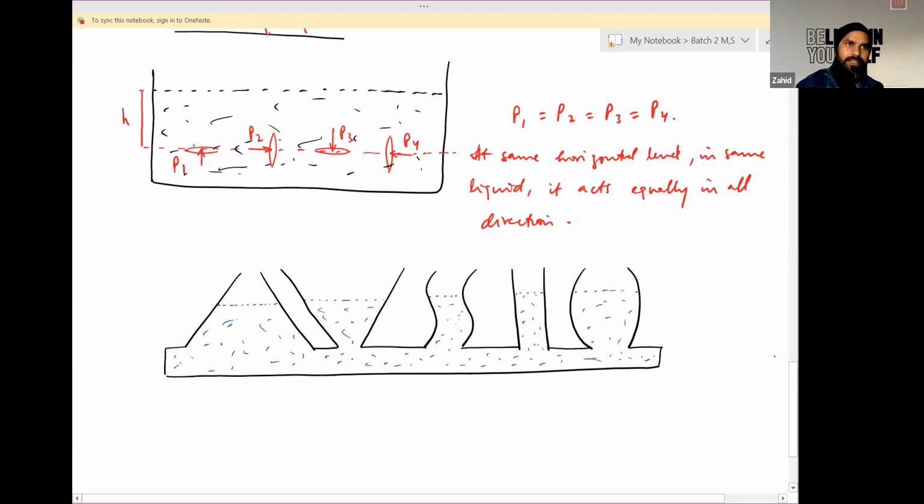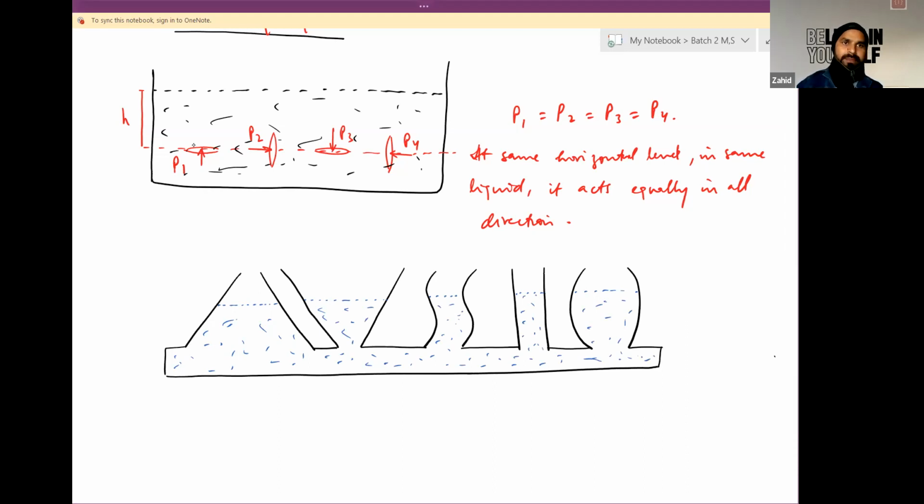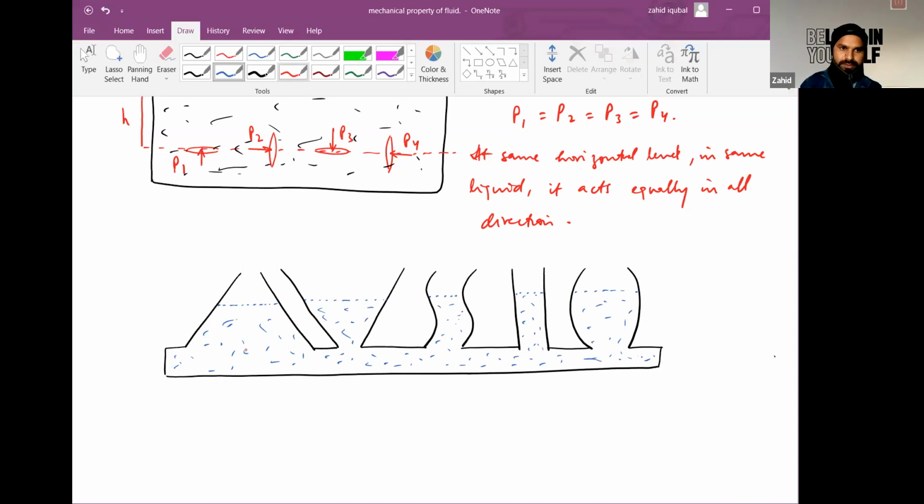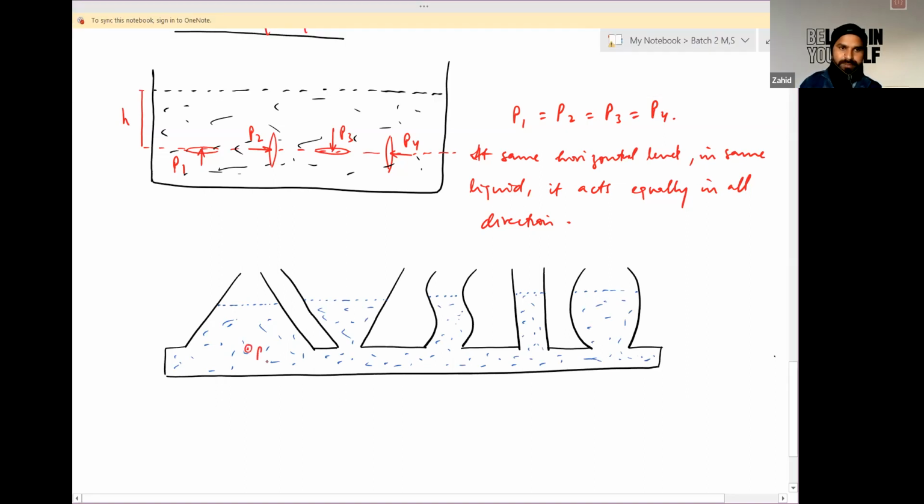So if you calculate pressure at the same depth in each, let's say this is P1 and this is P2, and P5.